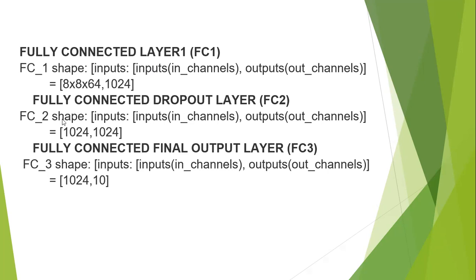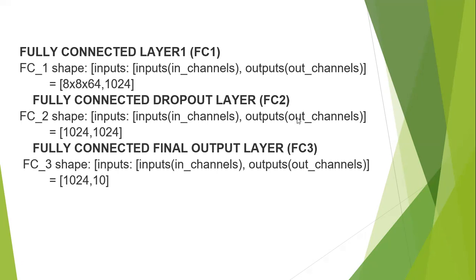Then the second fully connected layer has a dropout layer. The dropout layer helps to learn more diverse features without relying on any specific input feature.